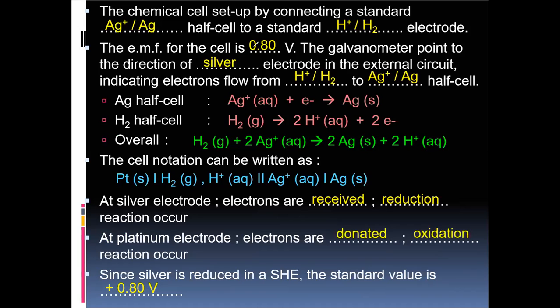The EMF in this case is positive 0.80 volts. The galvanometer points to the direction of silver, like I showed you in the external circuit, indicating electron flows from our standard hydrogen electrode to your silver electrode.